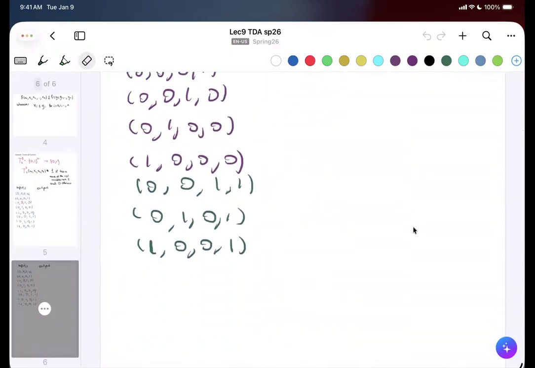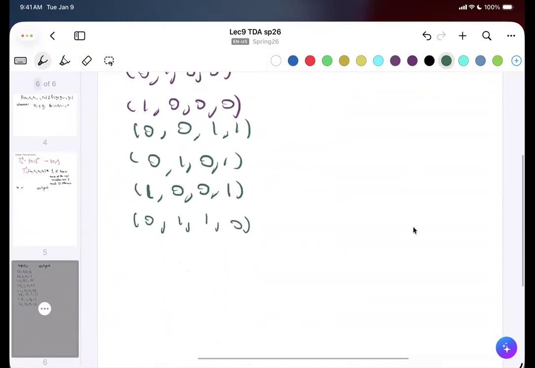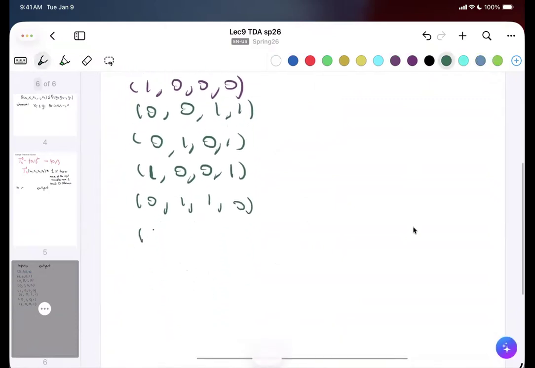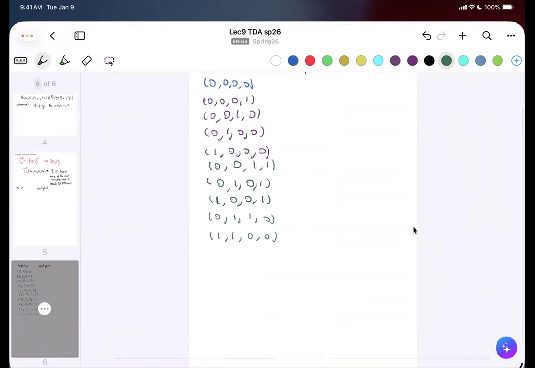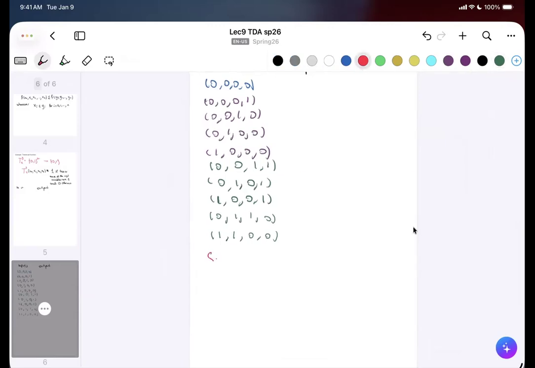Okay, so we're doing this one, and 0, 1, 1, 0, 1, 1, 0, 0. Let's see how many we have here. Perfect. And then let's use another color for what comes next, and we'll see why in a moment.